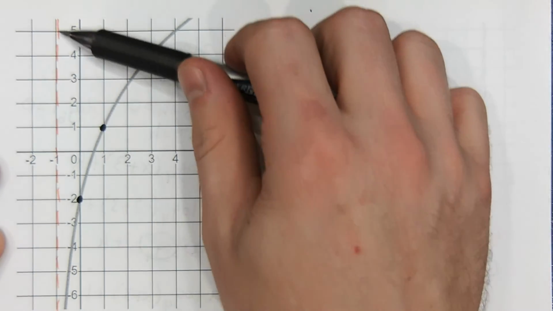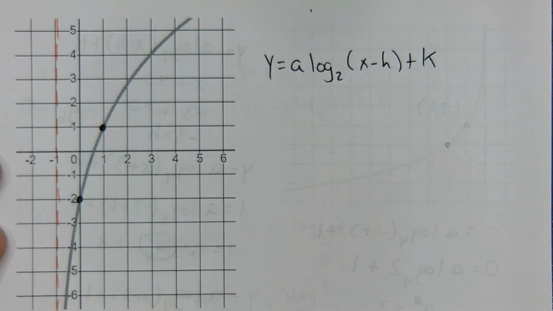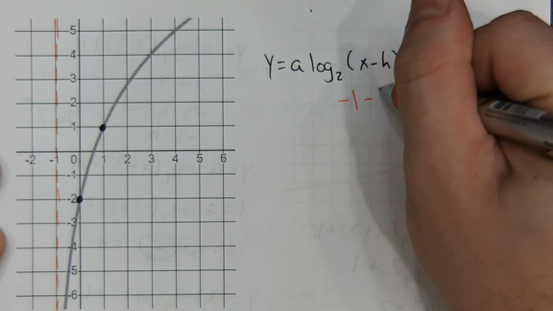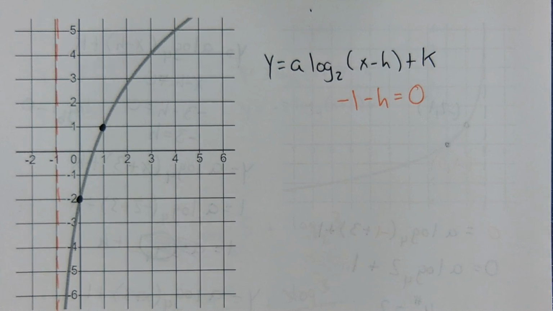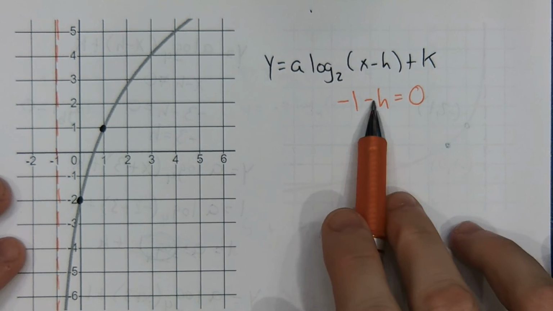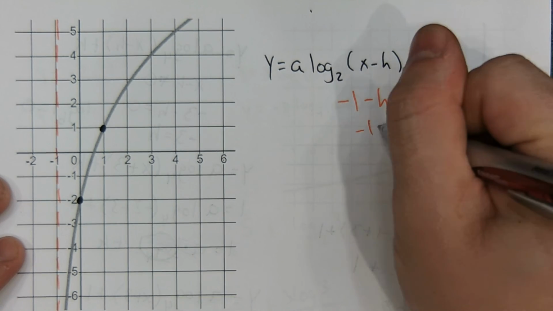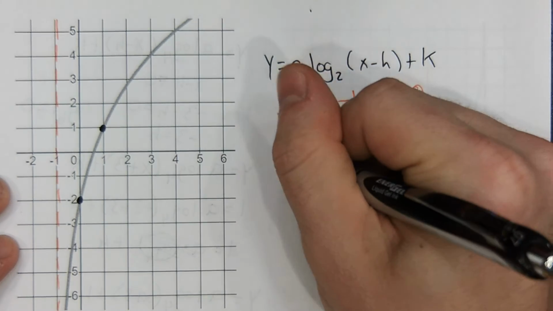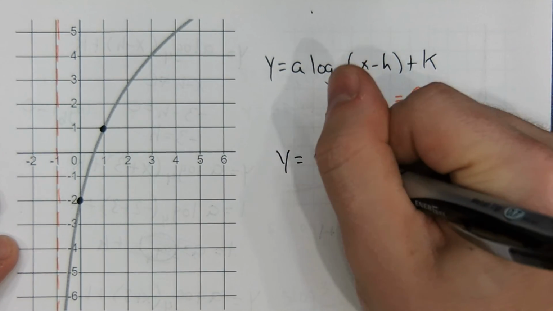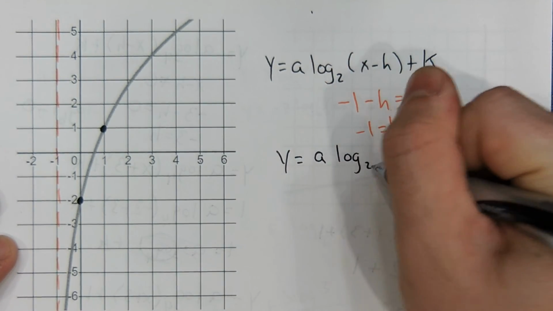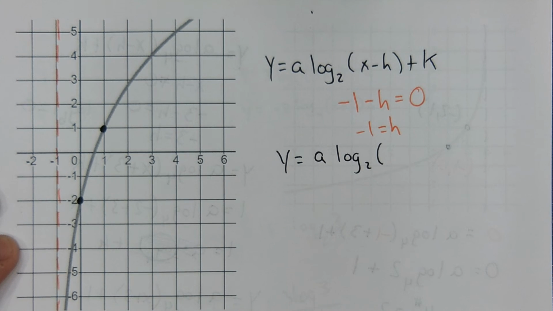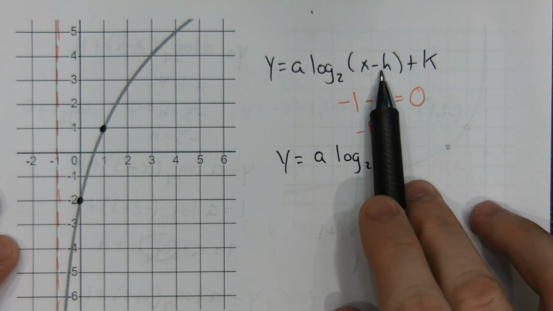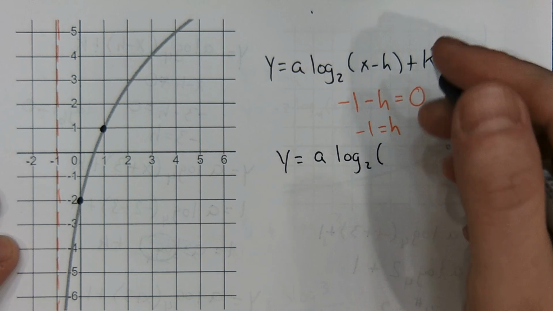That means this x value of -1 minus h gives us that 0 that's not allowed. So you add h to this side and you get that -1 equals h. That one should always be fast and easy to find.